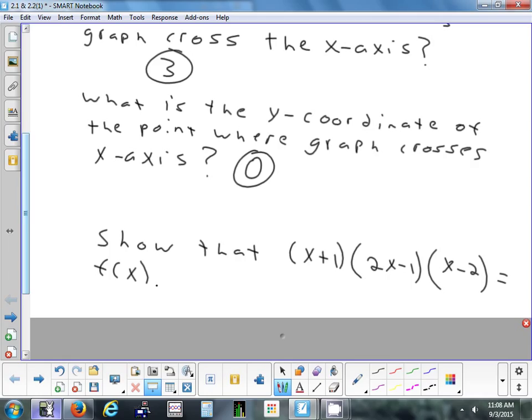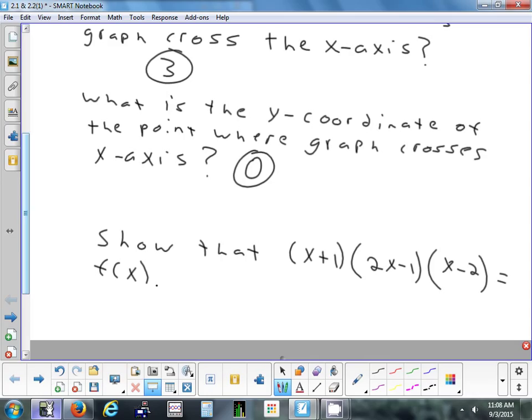Now, let's show that this is basically a factorization of the polynomial I just had. Let's show that this is exactly the same as what I have up above. How could I do that? One way I could do it is graph it. Now, graphing doesn't prove it's the same.